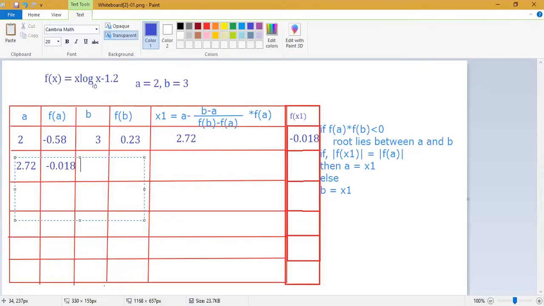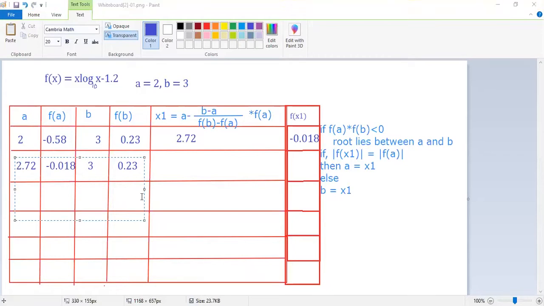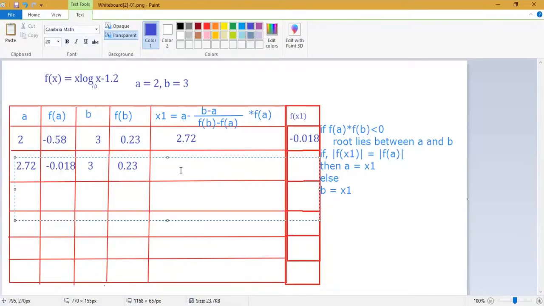The value of b remains the same, that is 3, and fb also remains the same, that is 0.23. Now I will again ask you to find the new value of x1. The value of b will be changed, the value of a still remains the same.